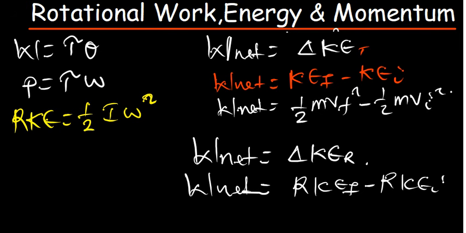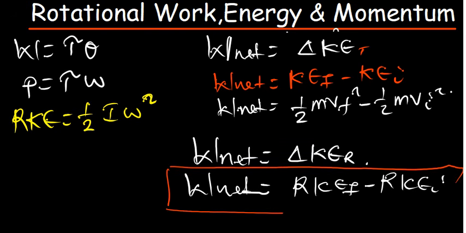Okay, so this relationship is very, very important, and it's going to help us come up with some different formulas. So we can use work net to say it is the change in kinetic energy. In a case where we have only one force, then that particular force is equal to the change in rotational kinetic energy.